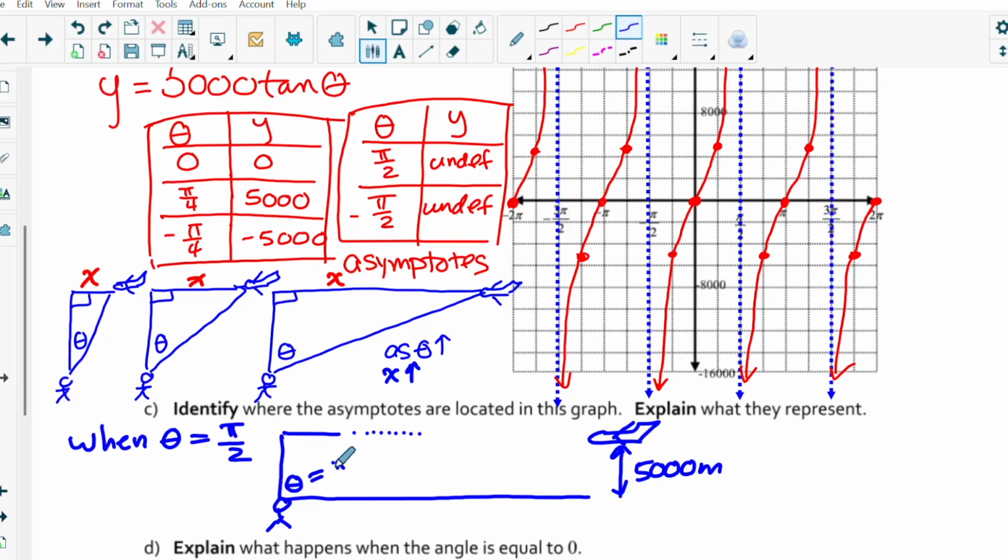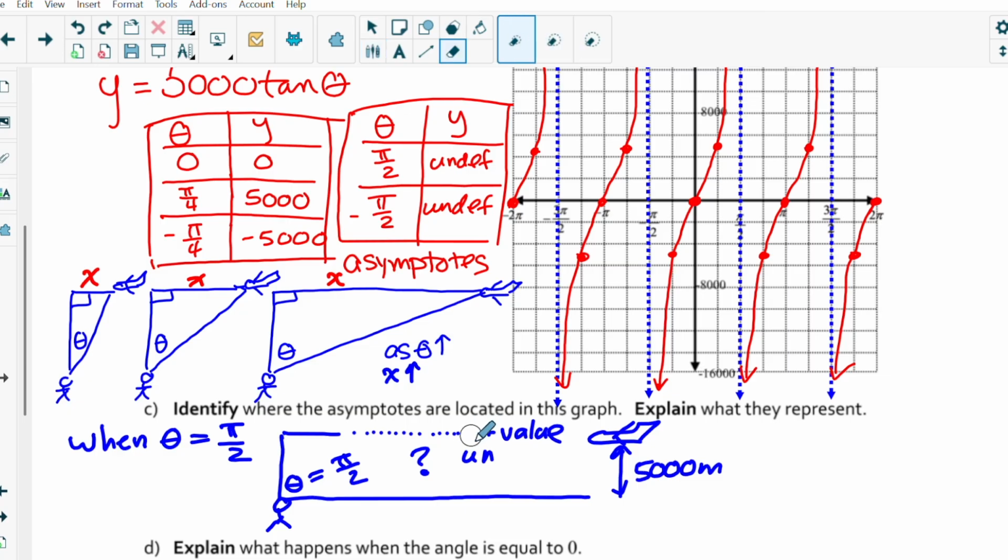But for theta equals pi over 2, what happens? This x value, oh man, sorry, I should call it y value. I should be consistent. Remember, I changed these all to y values, that horizontal distance. Sorry about that, folks.